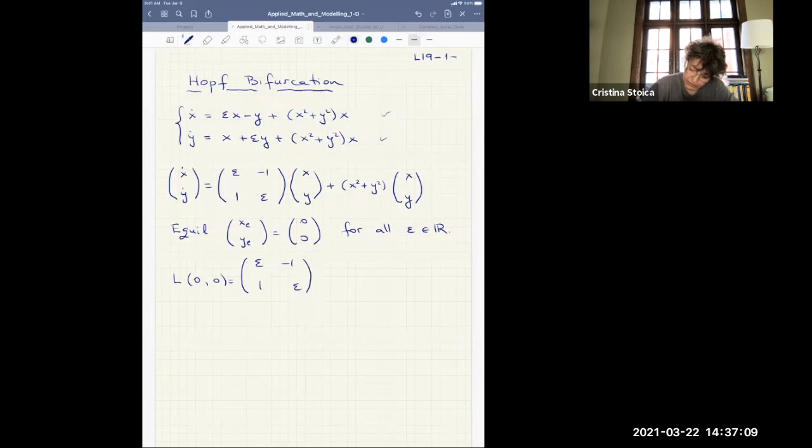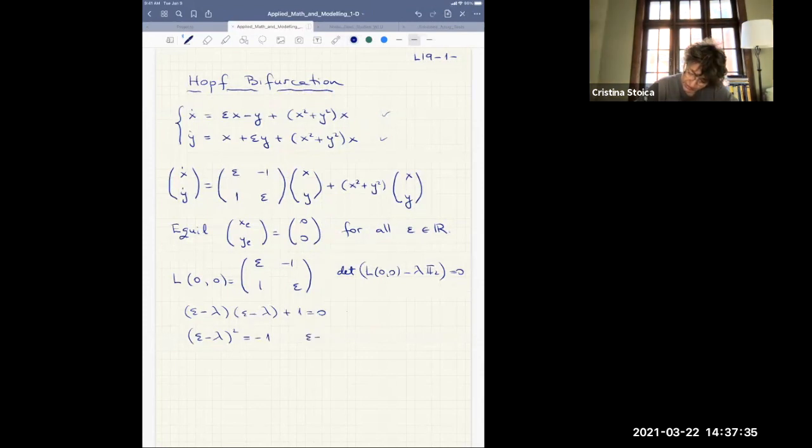And now we're doing the eigenvalues. So we end up with (epsilon minus lambda) squared plus 1 equals 0, so (epsilon minus lambda) squared is -1.